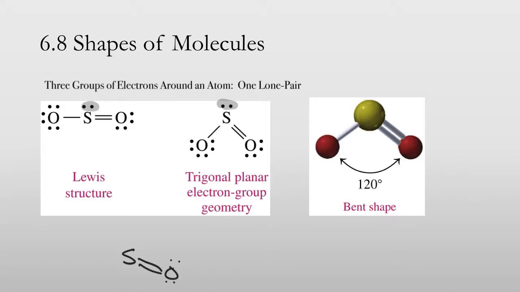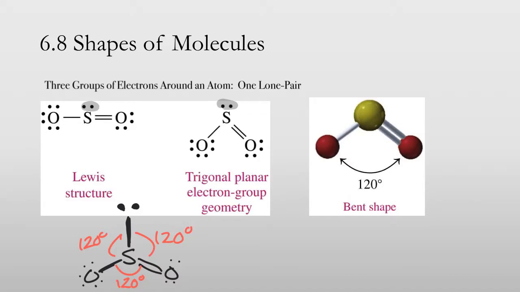It doesn't really matter which oxygen gets the single or the double, but you still have a lone pair on that sulfur, and it's going to be like that. And so you still get 120 degrees around each of these. It's actually 119 for SO2, but that's close enough to 120 that it doesn't really matter.